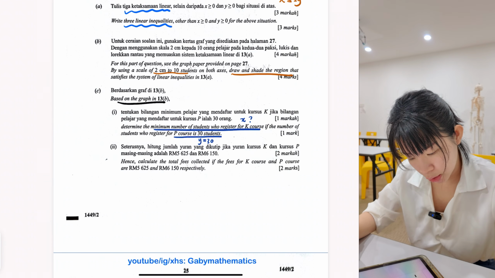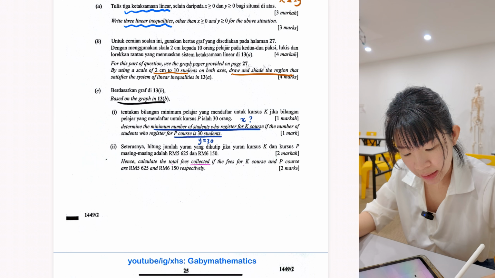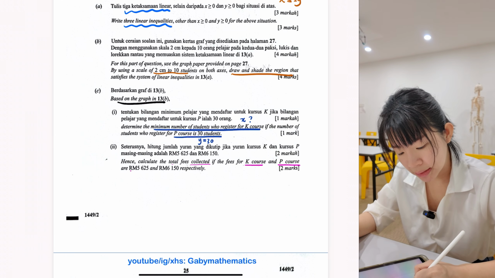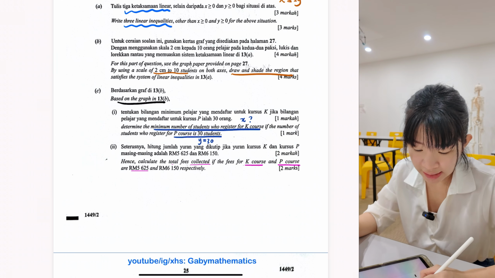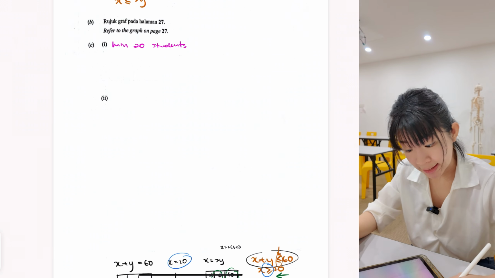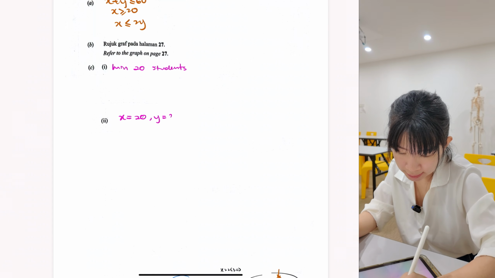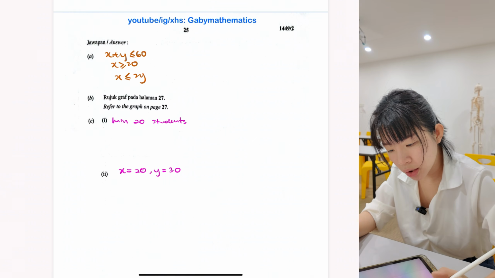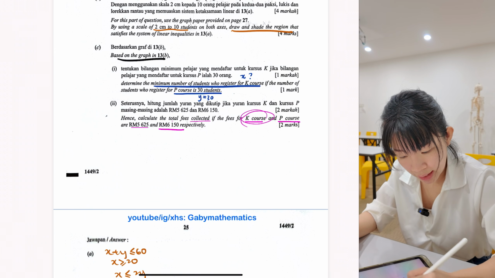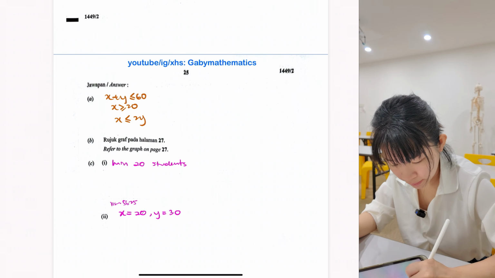Okay, next, number 2, part 2. Calculate the total fees collected if the fees for K course and P course is 5,625 and 6,150 respectively. Okay, so we use the x and y just now. So when x is 20, minimum 20, y just now they say 30. Okay, so the cost of x, which is the K, right here, 5,625.